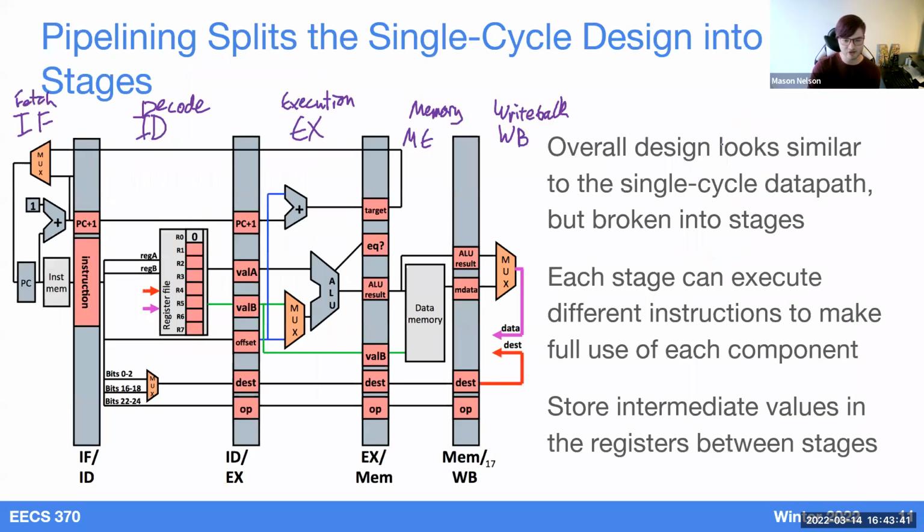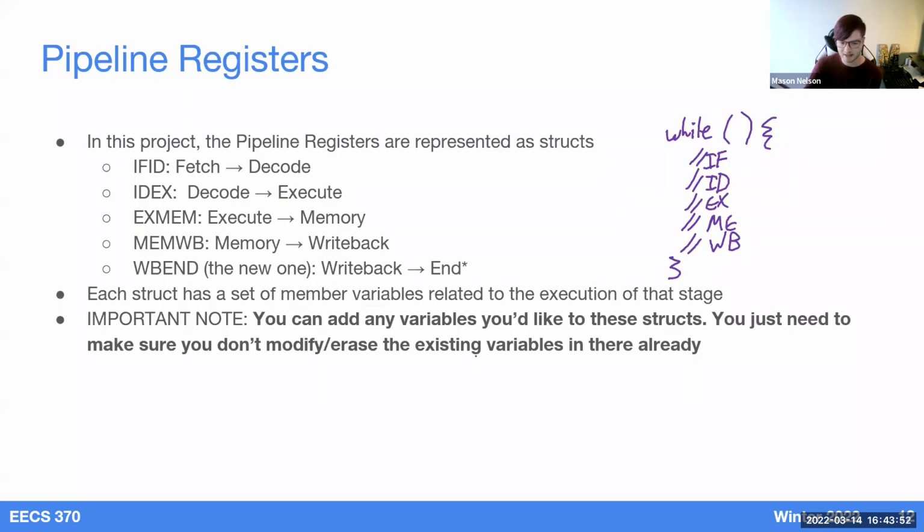You can practice your padding calculations that we did last term, or last half of the term. But we've given you a struct for each of these pipeline registers within your giant state struct. And so that's going to hold your variables and things that you use in between cycles in this while loop.